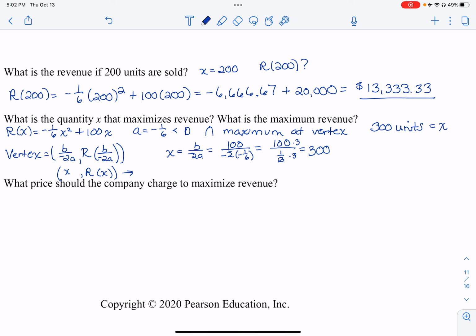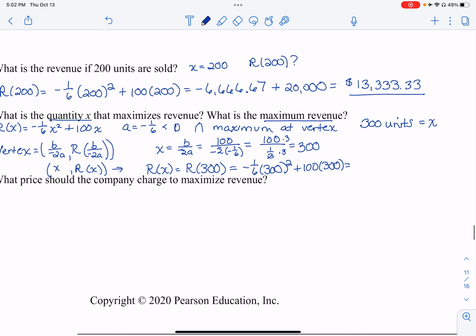We want to find out what our revenue is then at 300, because we want to know also what the maximum revenue is. So we've already found the quantity. Our maximum revenue is going to happen when we have R of 300, which is going to be negative 1/6 times 300 squared plus 100 times 300, which, if we add that all up, is $15,000.